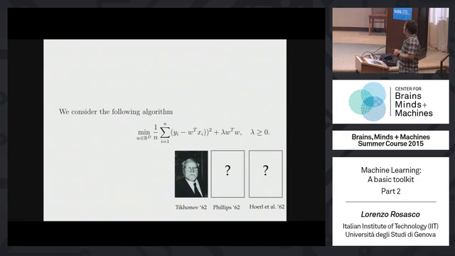Another way to think about it, which we are going to see later, is that if you're in low dimension, a line is a very poor model, because if you have more than a few points that are not on the line, you will not be able to make zero error. But if the number of points is lower than the number of dimensions, you can show that the line can give you zero error. It's just a matter of degrees of freedom: you have fewer equations than actual variables.